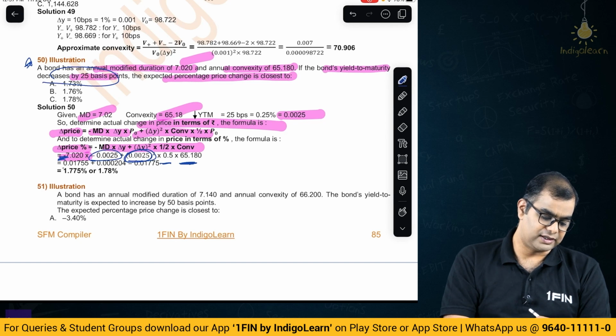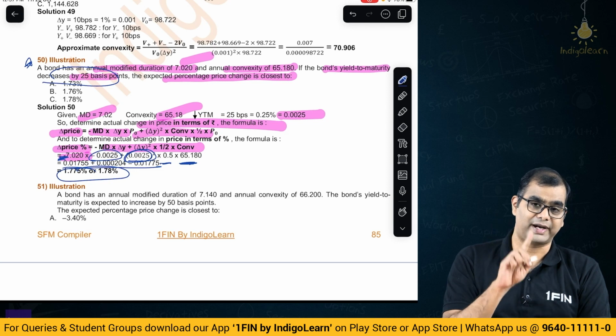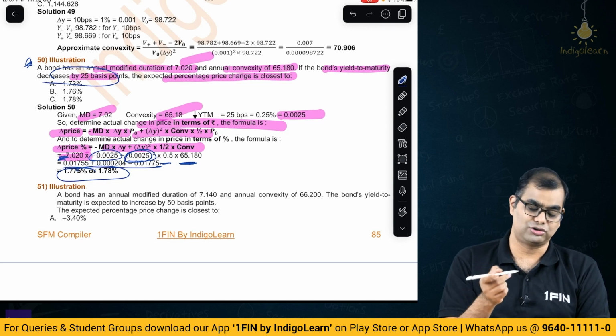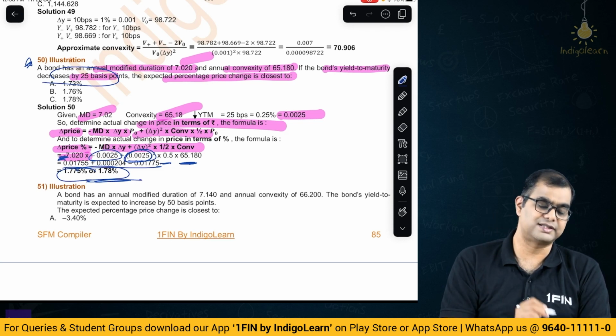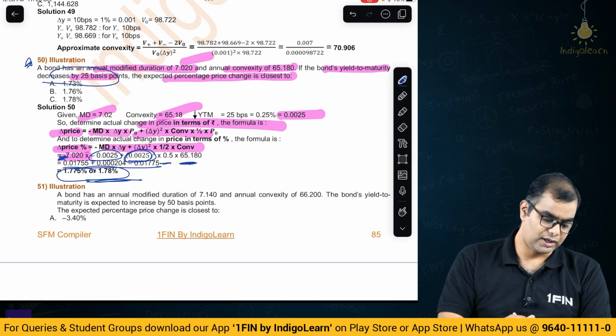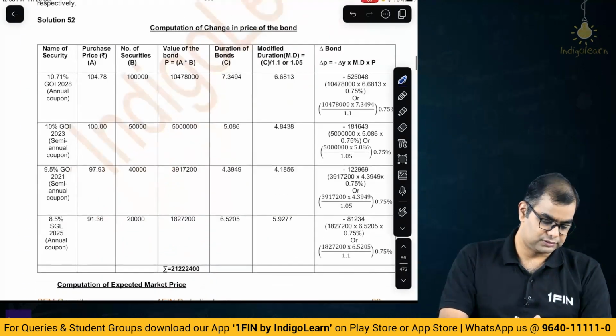So, you compute all of this, you get a value of 1.78. This is the percentage change in price. The existing price we don't know, so the percentage change in price is this much. If there is a decrease in yield, there is going to be an increase in price. So, you have to say that the increase in price is 1.78. Let us move to the next one.